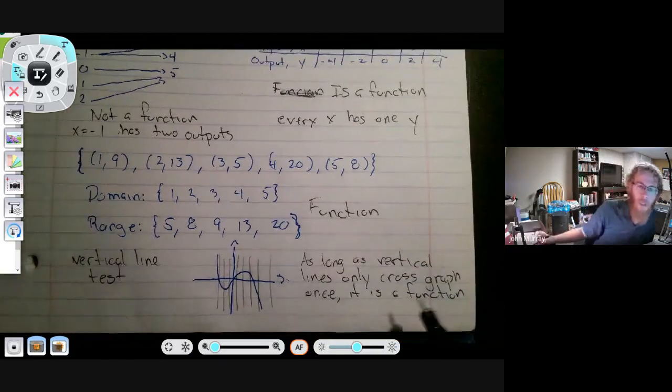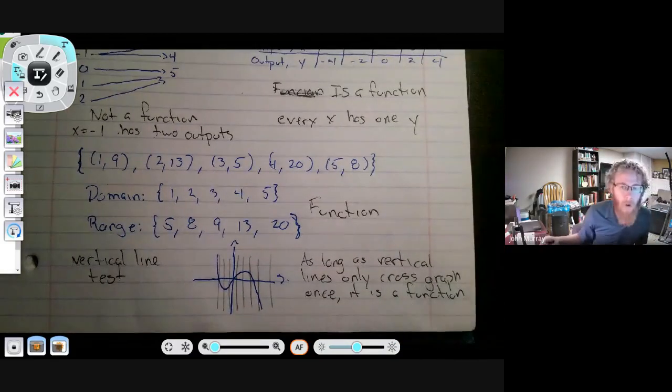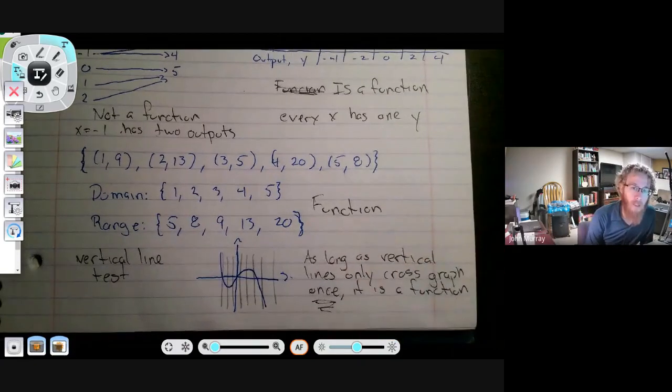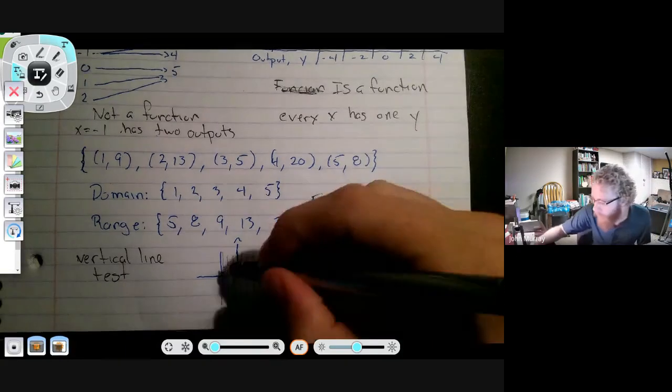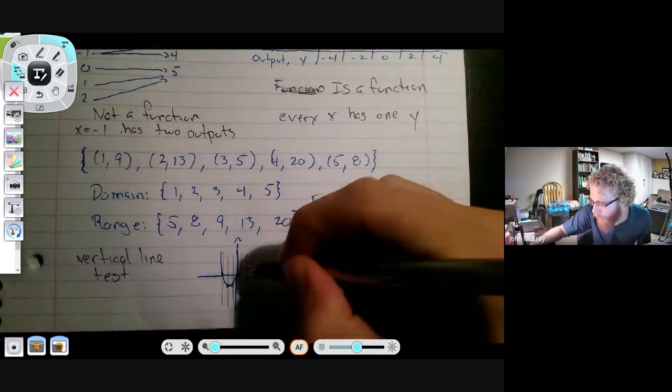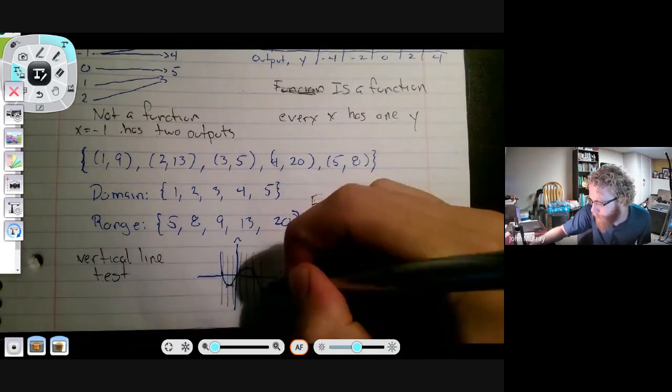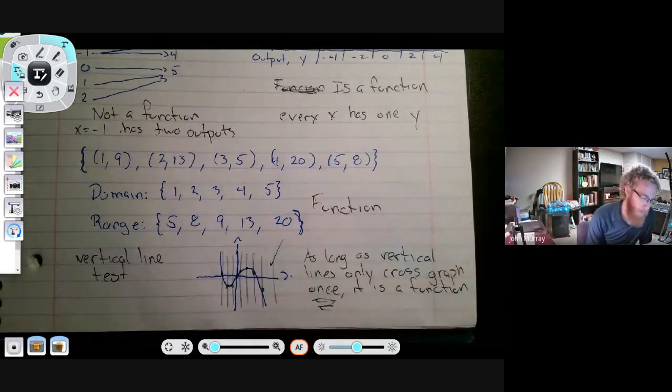As long as we see those vertical lines only cross the graph once, it is a function. So in this case, I just drew whatever here, that would be x to the third. Each one of these lines only intersects one time, so we have a function.